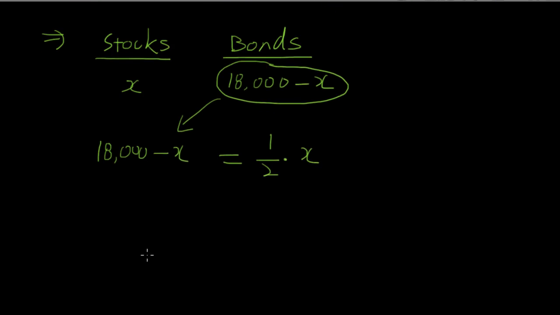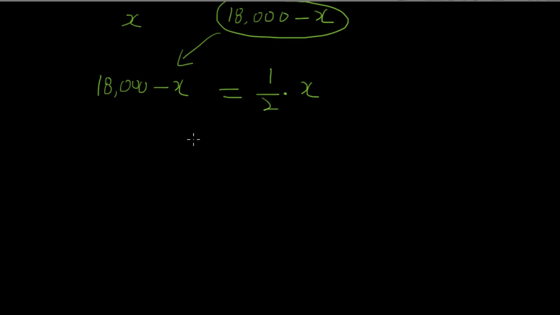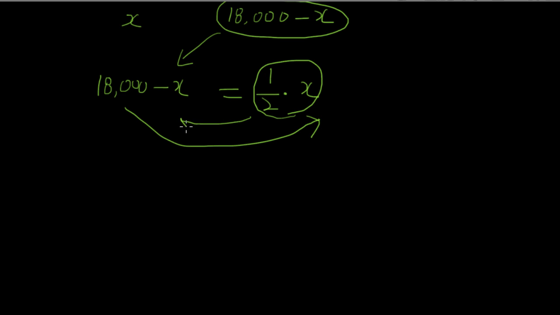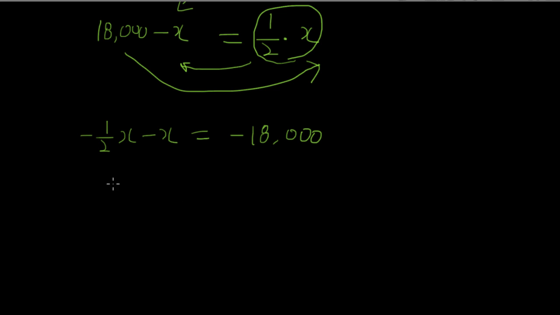So let's move this number to this side, and let's move this X term to this side. If we move this one here, it will be negative half X, negative X, equal negative 18,000. It's like that.